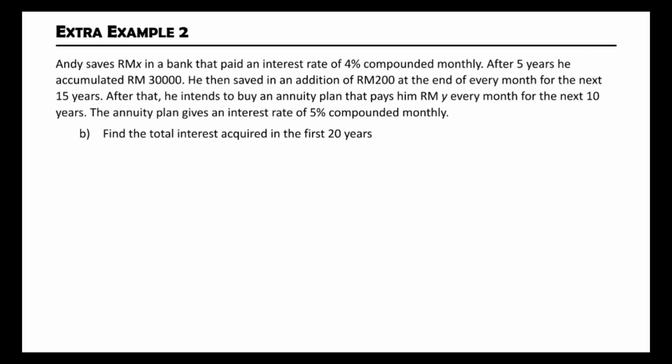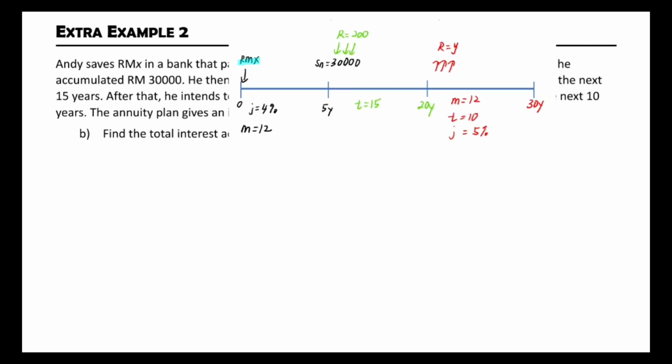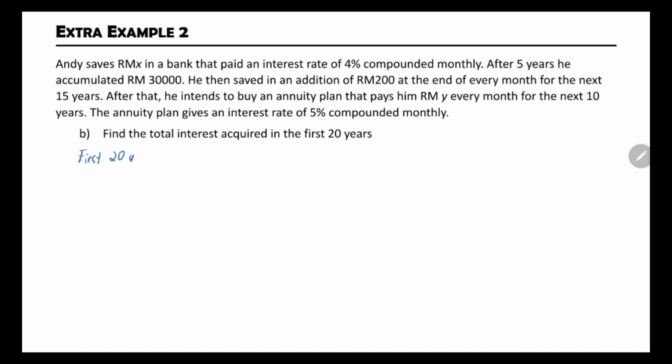B, find the total interest acquired in the first 20 years. So there are two interests for the duration of 20 years. First, from the principal X denoted in black, and the repeated payment for the next 15 years denoted in green. For the first 20 years, I equal to S minus P, where S is the sum after 20 years. P(1 plus I) power n minus P equals P times (1 plus I) power n minus 1.